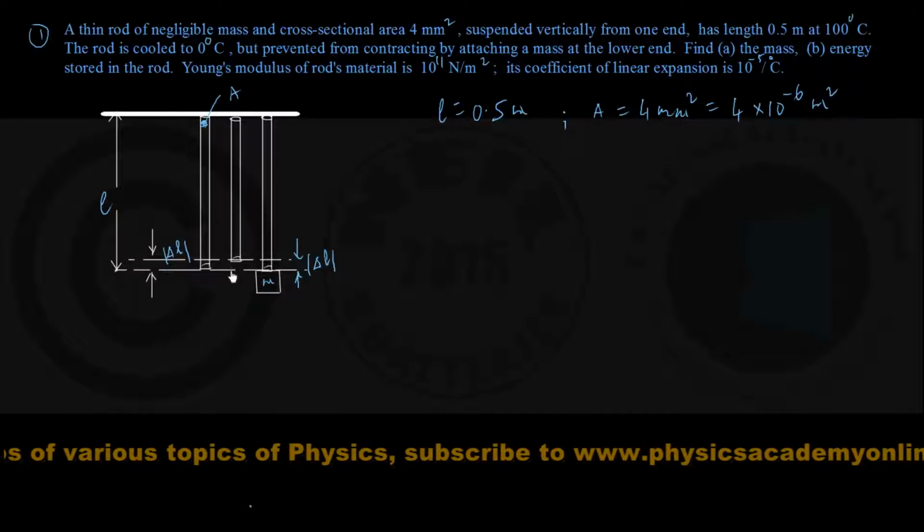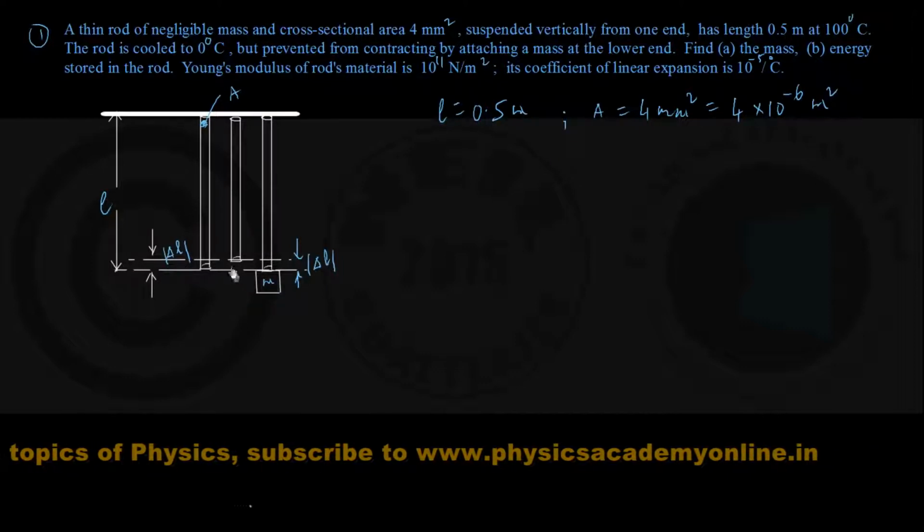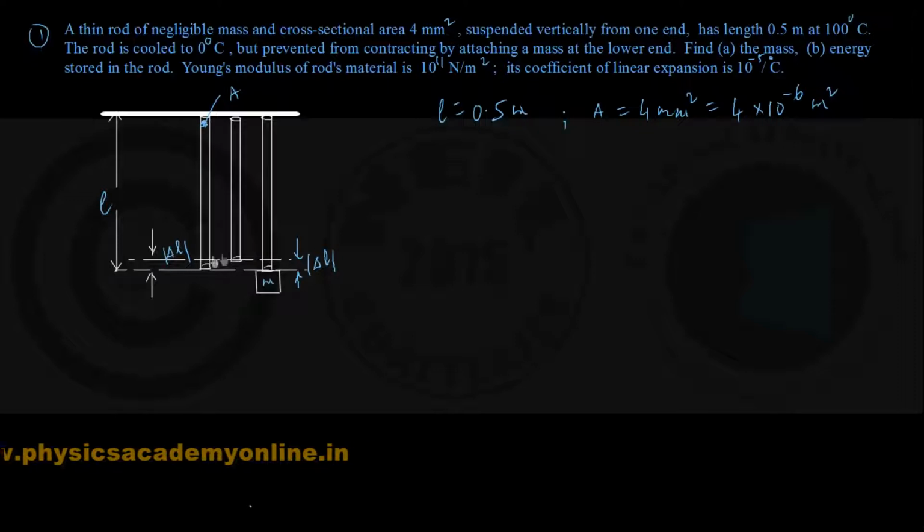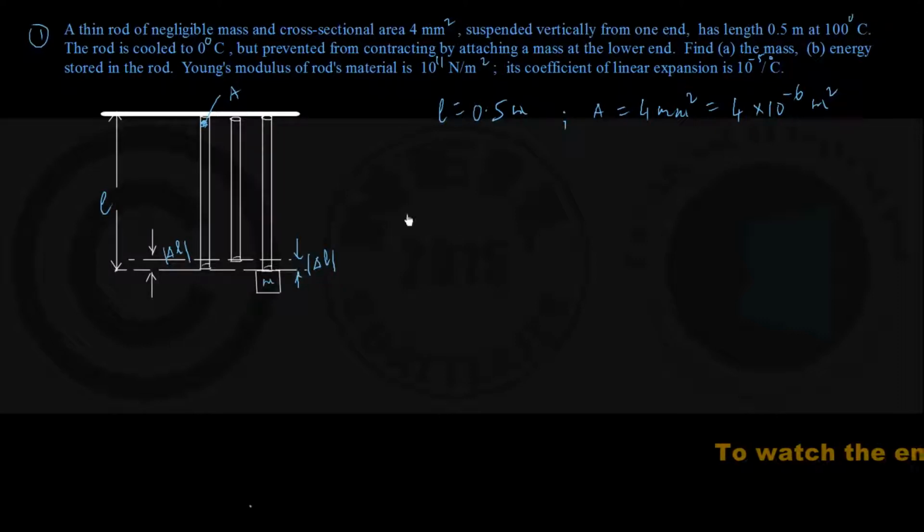Although the two things, contraction and expansion, take place simultaneously, my figure is showing the two effects step by step. First a contraction of modulus of delta L, followed by an expansion of modulus of delta L because of this tensile force created by the force of gravity on this block. So let us see what they are telling further.